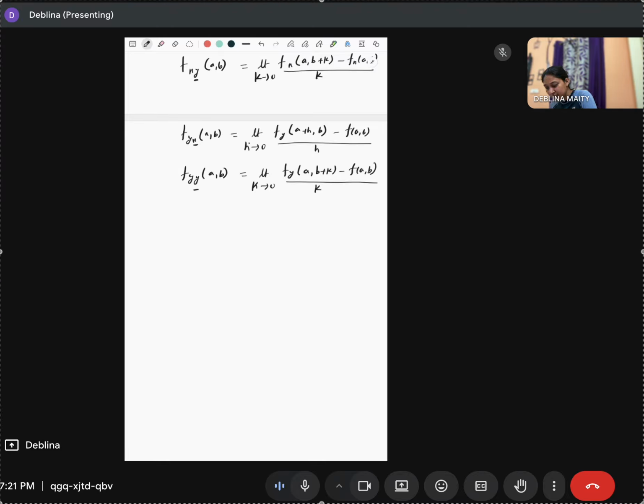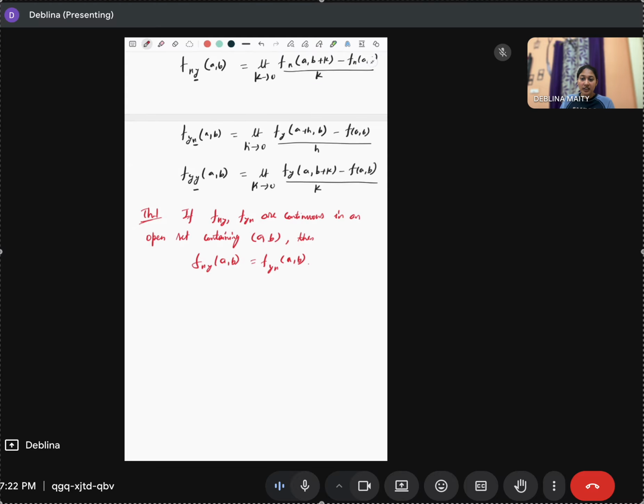So this theorem says if fxy, fyx are continuous in an open set containing this point AB, then fxy at this point AB equals fyx at this point AB.